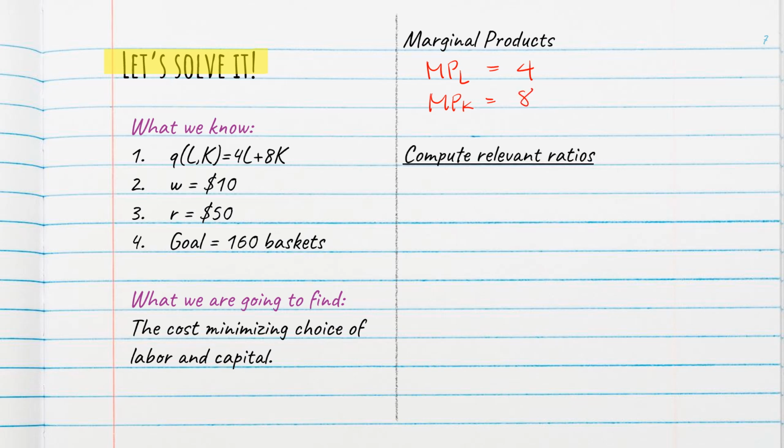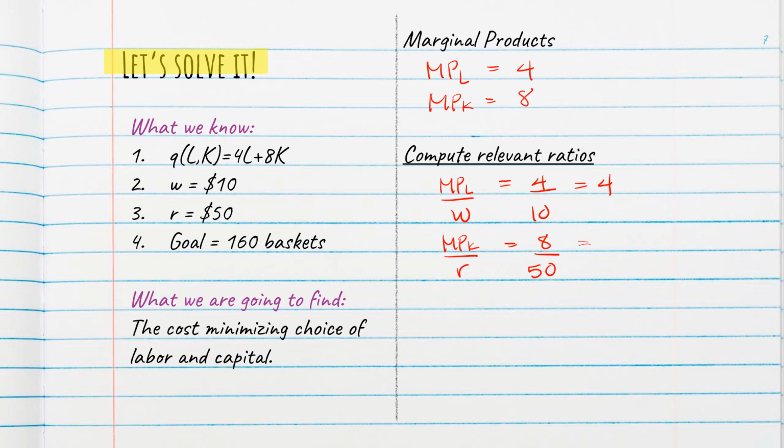From there, we can compute the relevant ratios. So for labor, we have the marginal product of labor over the wage, which is equal to 4 over 10, and for capital, we have the marginal product of capital over the rent, which is equal to 8 over 50.